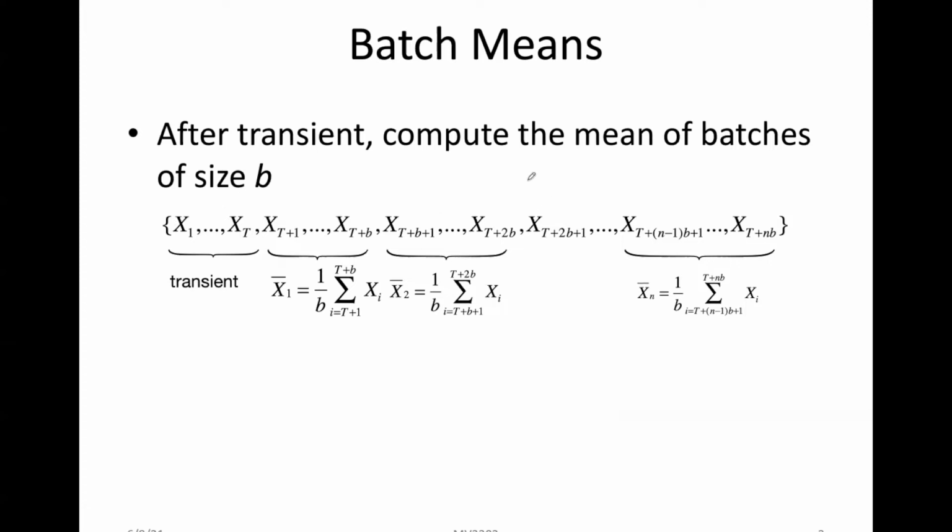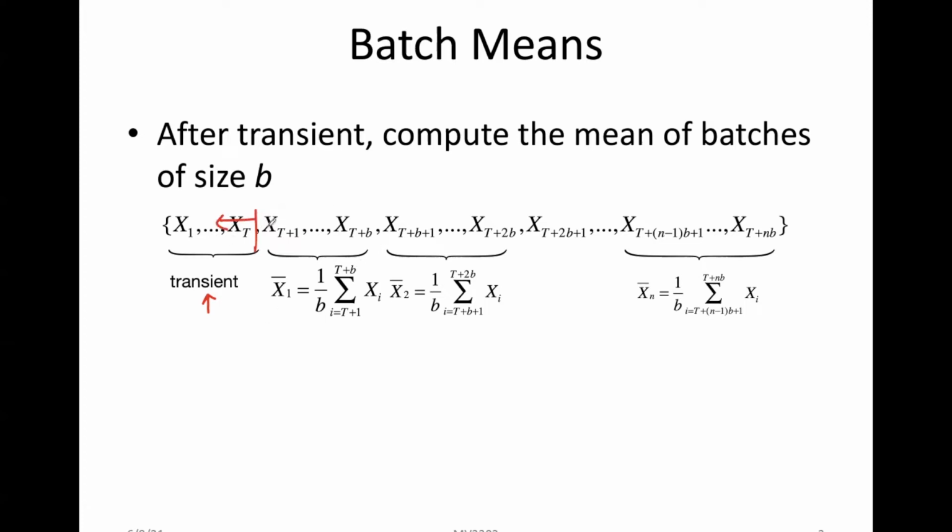These X's, we can think of as successive delays in queue, or time in system, or whatever measure you're interested in. As before, we still have the problem of initialization bias. And so we have this transient period where these are all just to warm up the system. And we're still going to throw all these away.